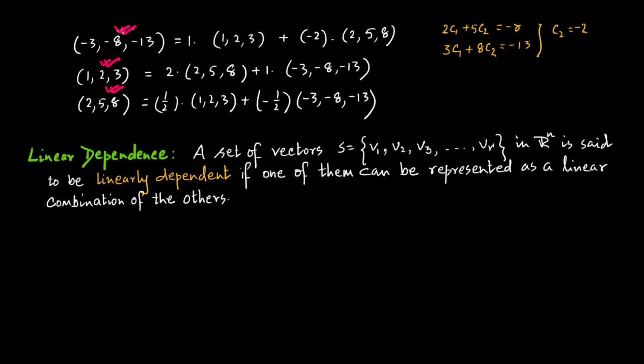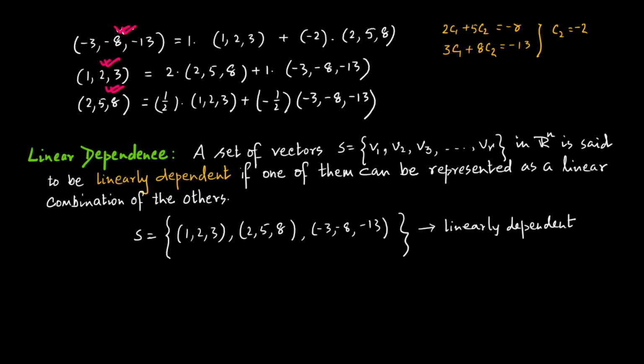Now, we have seen earlier that if I form a set S with the three vectors we were discussing, that is (1, 2, 3), (2, 5, 8), and (-3, -8, -13), then this set is clearly linearly dependent. As we can see above, any one of these three vectors can be represented as a linear combination of the other two vectors.